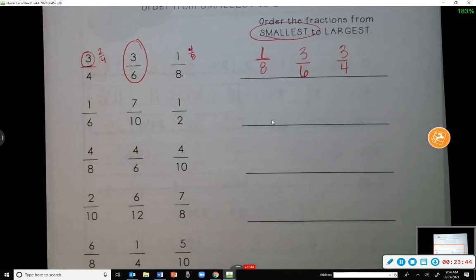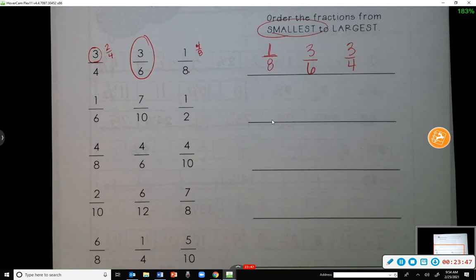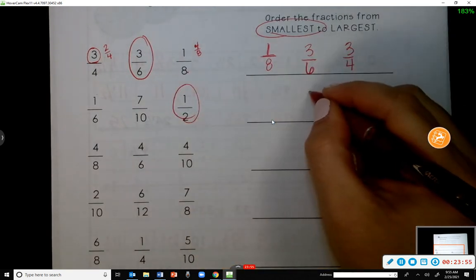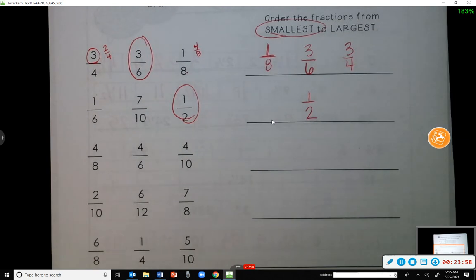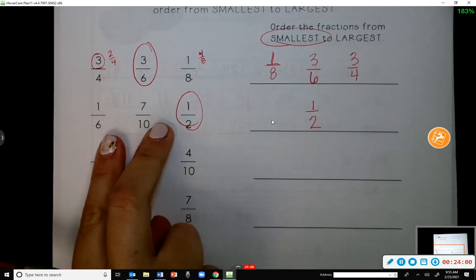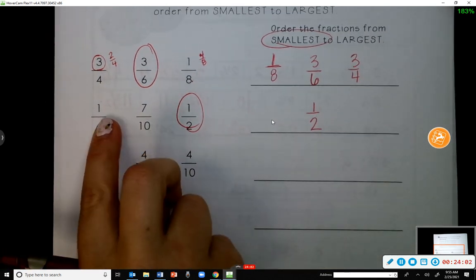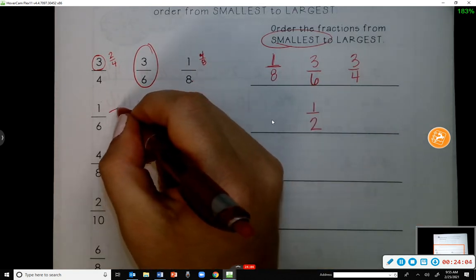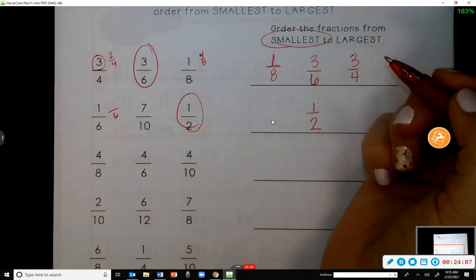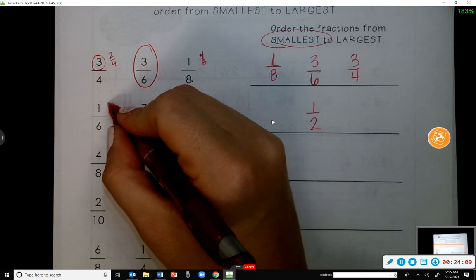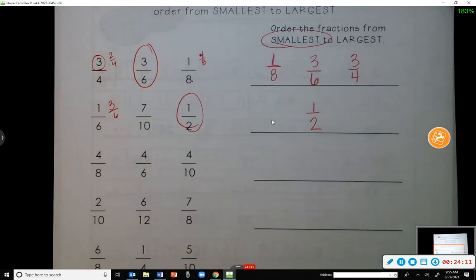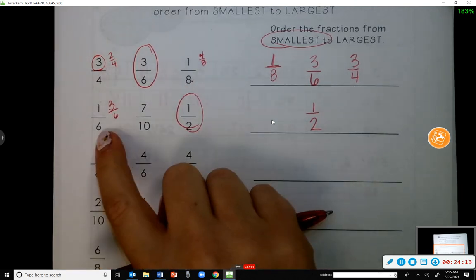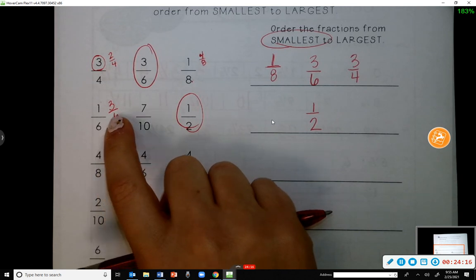Circle the one that's equal to 1/2, which should be pretty easy on this one. Which one is it, Allie? 1/2. So that goes in the middle. So these two left over need to be in the front or the back. Okay, so what is 1/6 going to be if I had to change it to 1/2? That would be 3. Good, Allie. So 1/6 has to be less than 1/2, right?